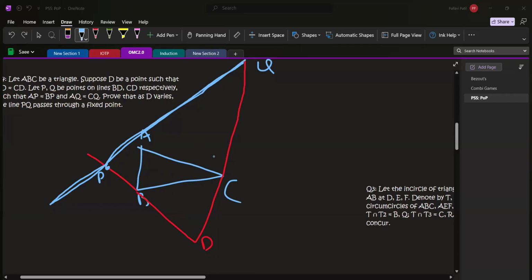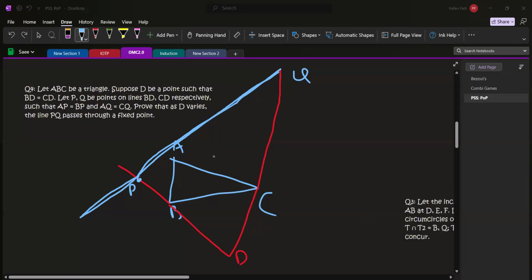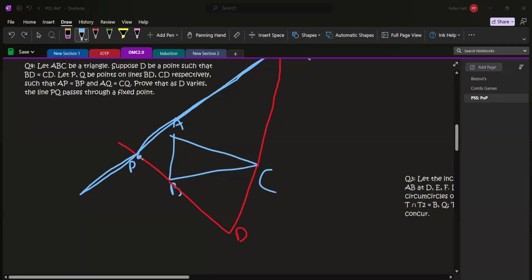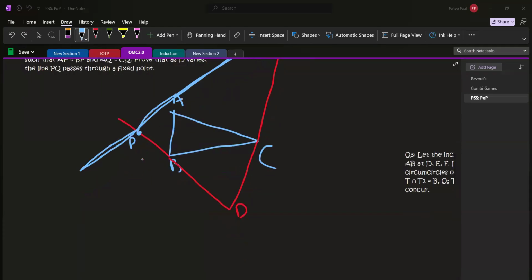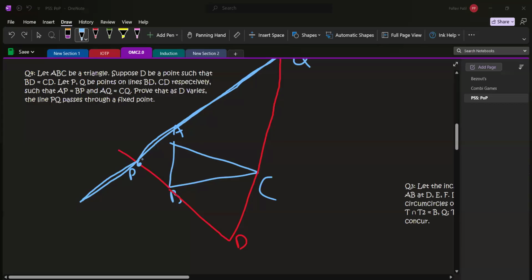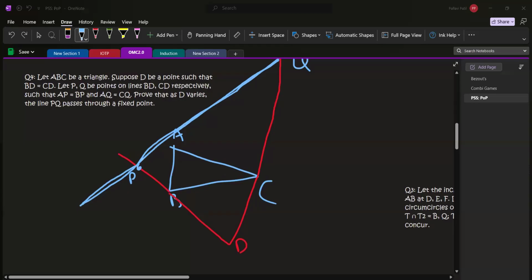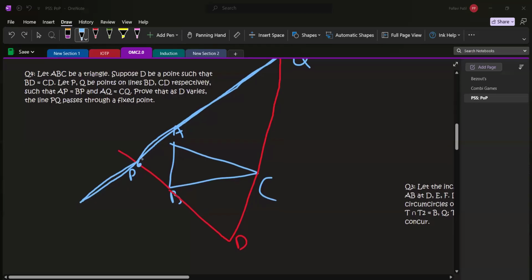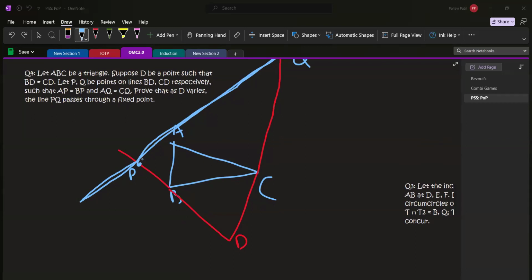I'm not sure what the best way to motivate it is, just by drawing a lot of diagrams, or by drawing one diagram and observing things in it. So maybe at this point it's fair to resort to GeoGebra.